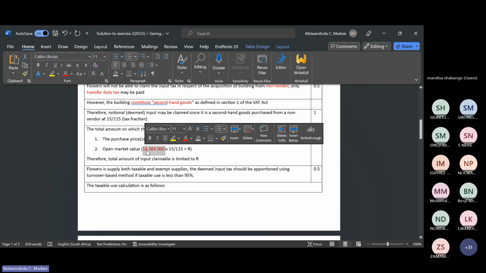So you have to multiply 14,364 times 15 divided by 115, then you will get an answer there. So before you go straight to section 10, let us first deal with the definition of input tax.